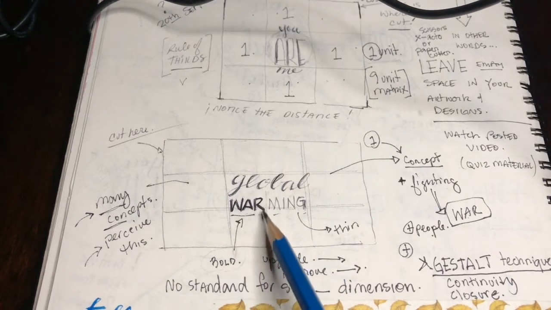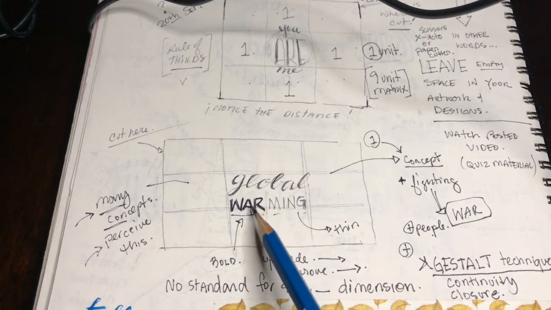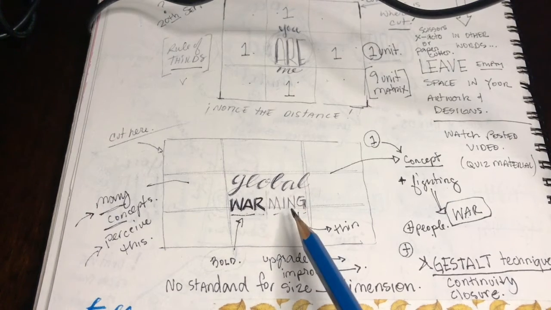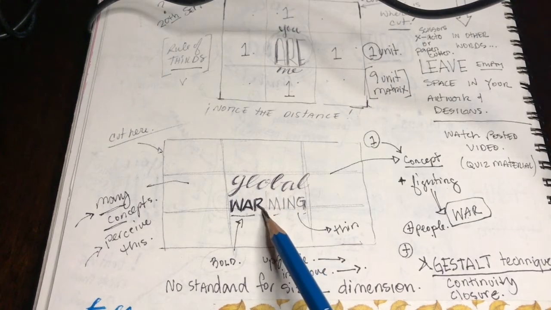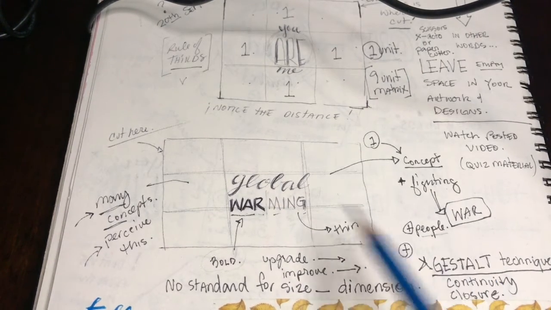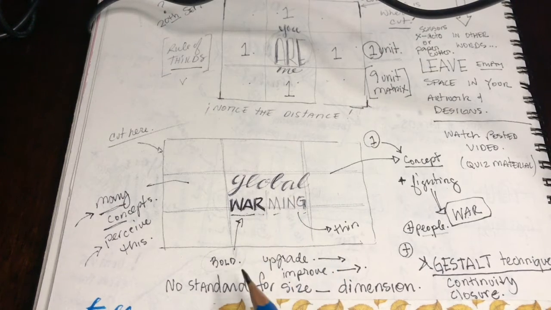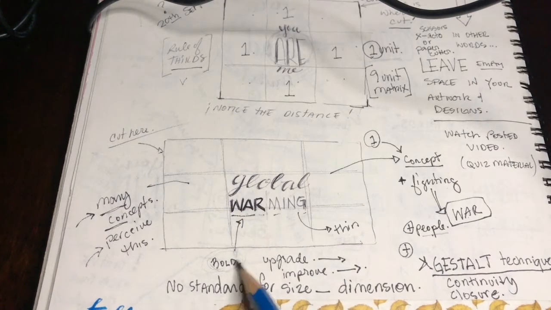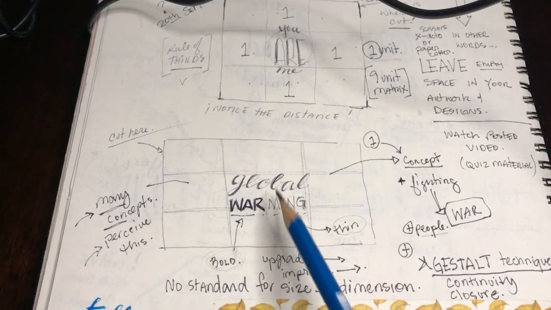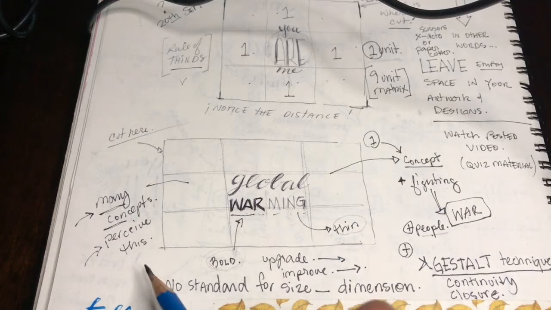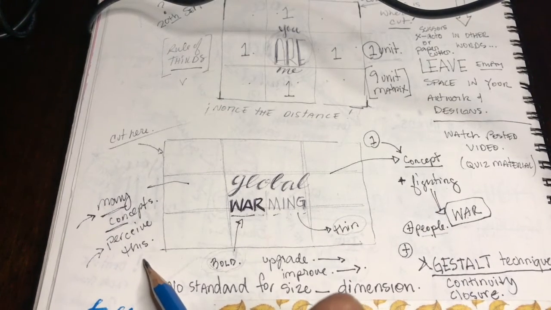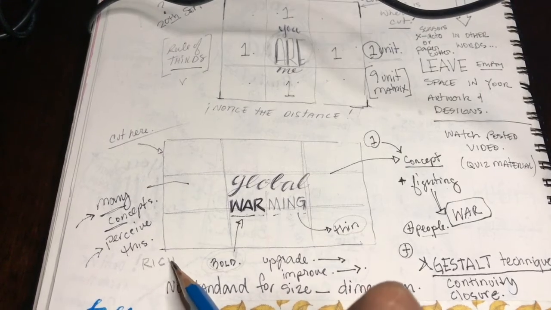So you could read it and understand it that it's a war on global warming, or it's a war on the issues of global warming, or it's actually talking about the war between people and global warfare. So just by doing this one simple thing, bold and thin, we've changed the concept entirely, and we've made our design more rich with concept.